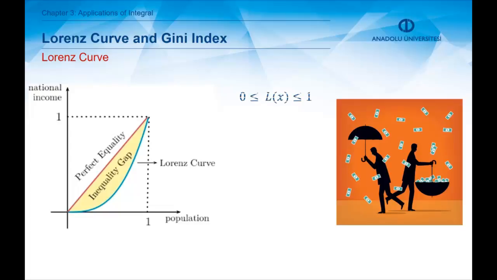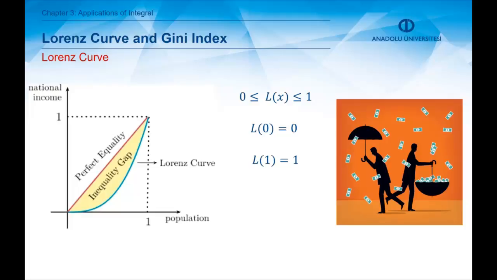Lorenz curve. Now, the Lorenz curve is a curve between 0 and 1, and it is an increasing function. The Lorenz function at 0 equals 0, which means that if there is no job, there is no income.